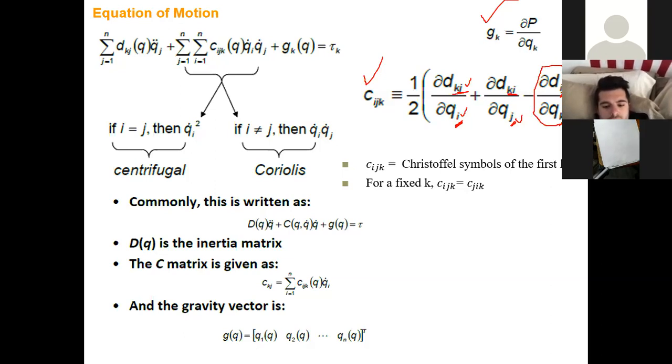When you have Cijk, this ijk term is minus and the other two terms are plus. Does it make sense what I'm trying to show you?